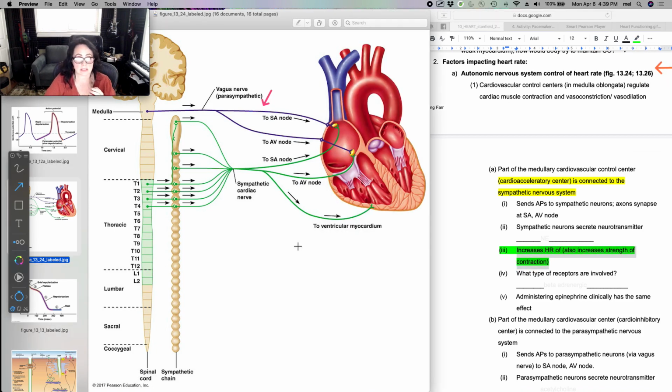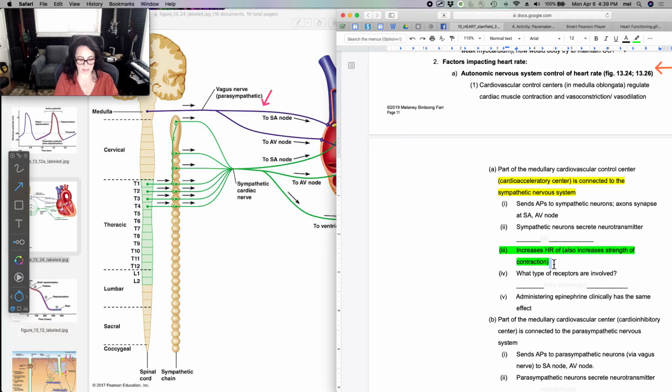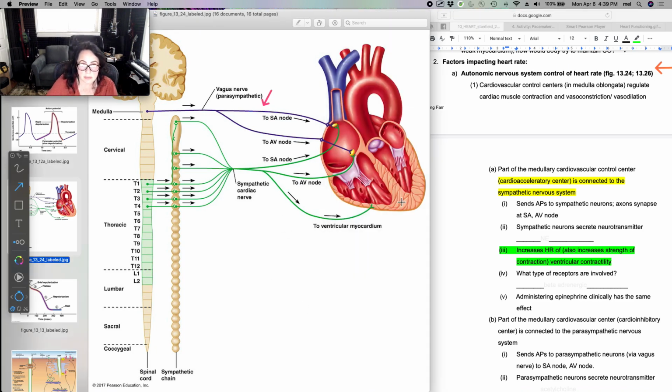So that is what we were just talking about with ventricular contractility. So I'm going to make you a note right here that this causes ventricular contractility.